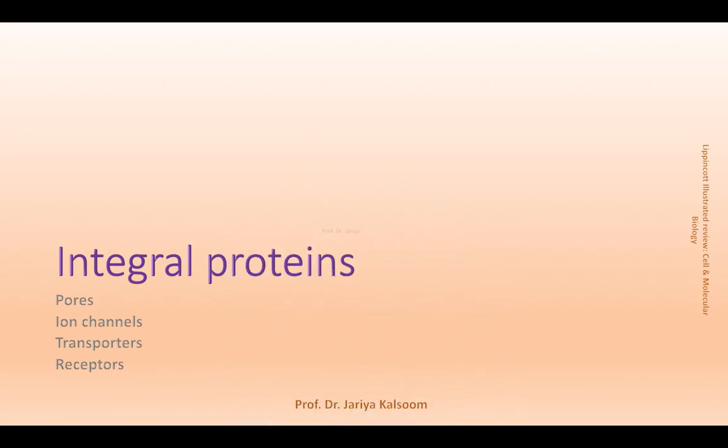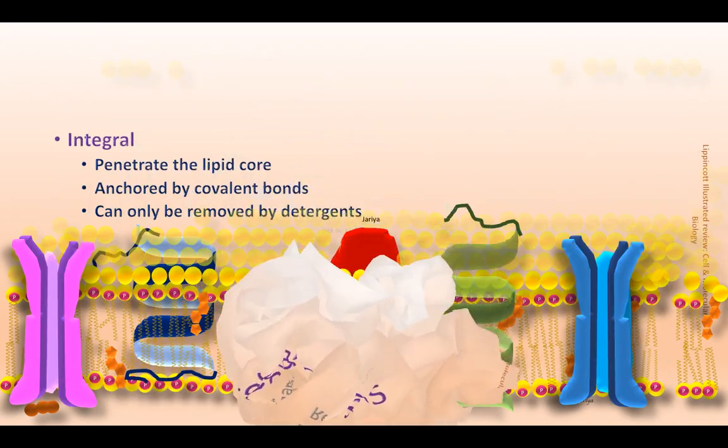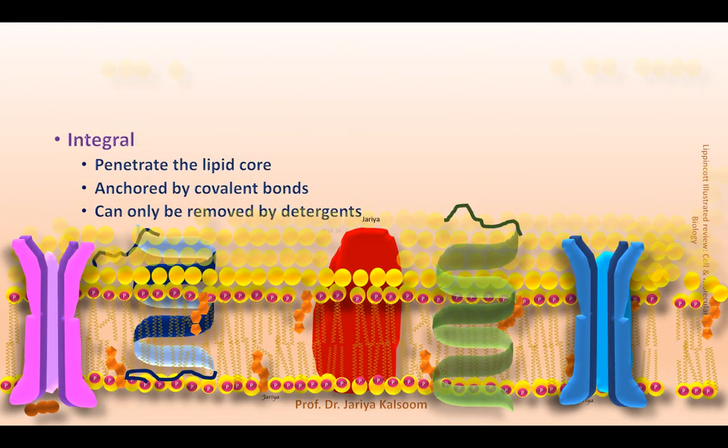Integral proteins have domains that extend into the hydrocarbon core of the membrane. Often they span the bilayer. Intramembrane domains have largely hydrophobic surfaces that interact with the membrane lipids. The integral proteins have a unique orientation.